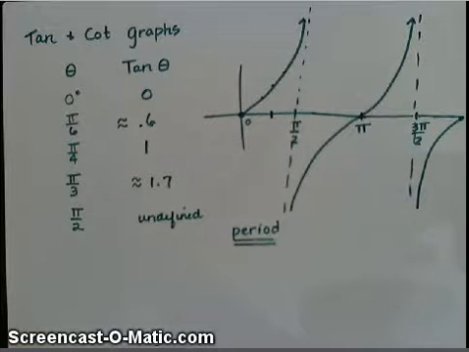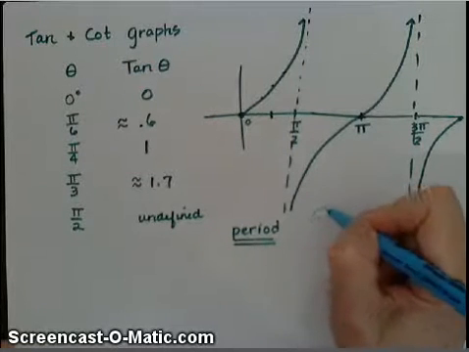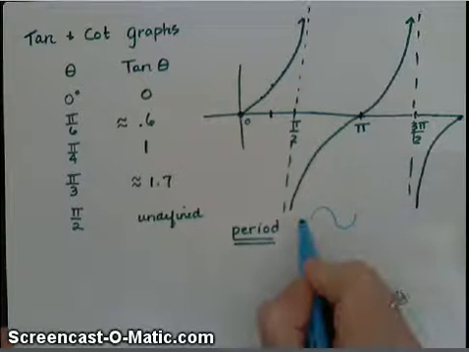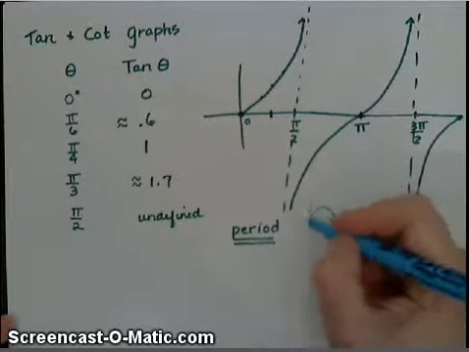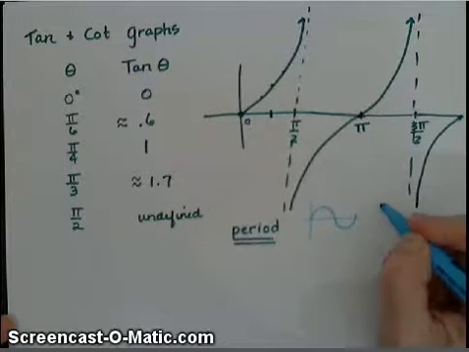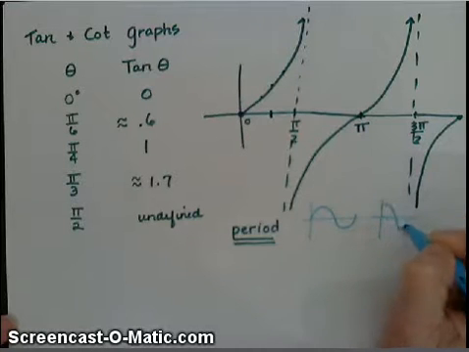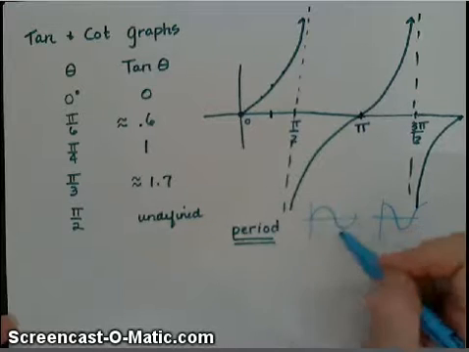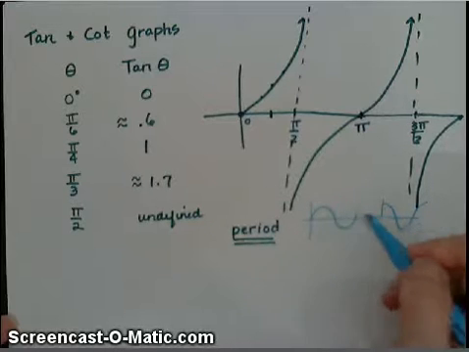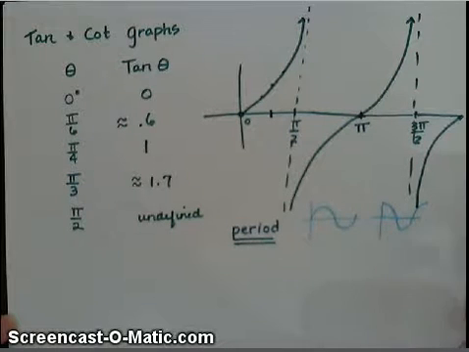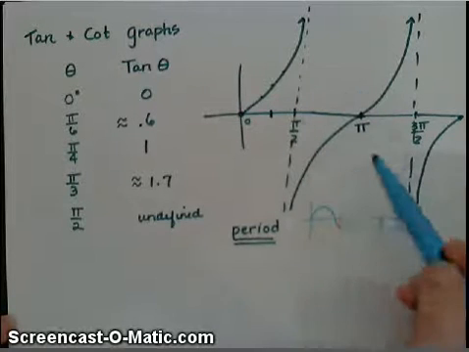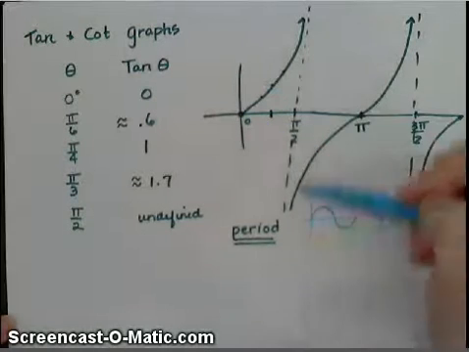The sine had a period of 2 pi, and the cosine had a period of 2 pi. And because the secant and the cosecant go with the sine and the cosine, they also had periods of 2 pi.